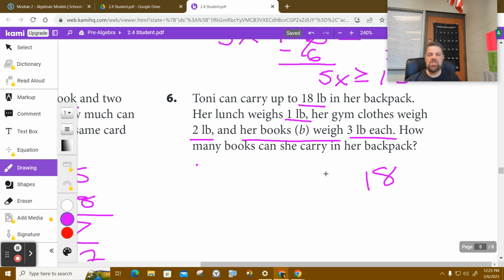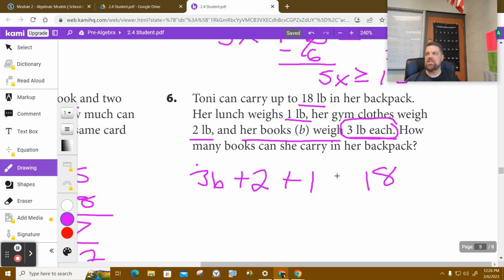So then over here we've got plus 1, and her gym clothes weigh 2, so we'll say plus 2. And then what do I put here? 3 times B. She's got some number of books, but we don't know how many. They weigh 3 pounds each, that's what they tell us.